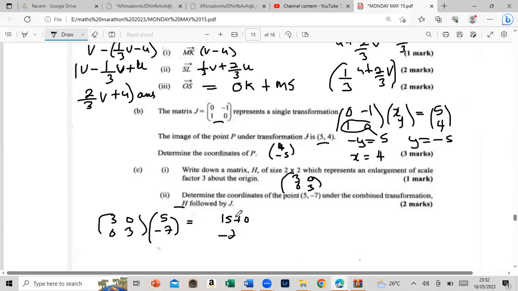It just increases the number by 3, that's what the scale factor actually means. So you have 15, negative 21.